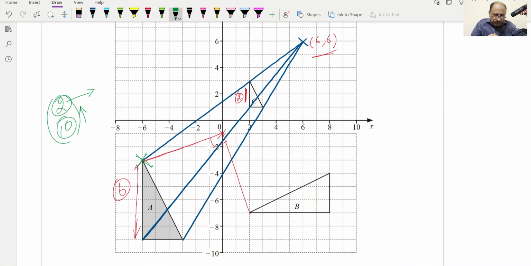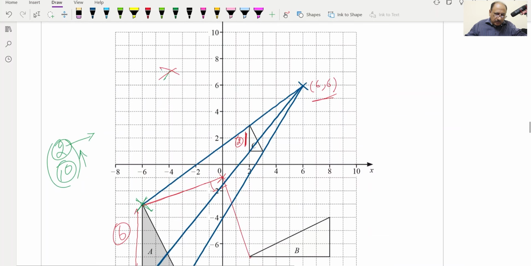So we will be moving this 2 units, 1 2 units to this side, and then we will move 10 units, 1 2 3 4 5 6 7 8 9, 10 units up we will reach over here. So I will mark this point over here, and we will remove these arrows, and we reached basically this triangle vertex.